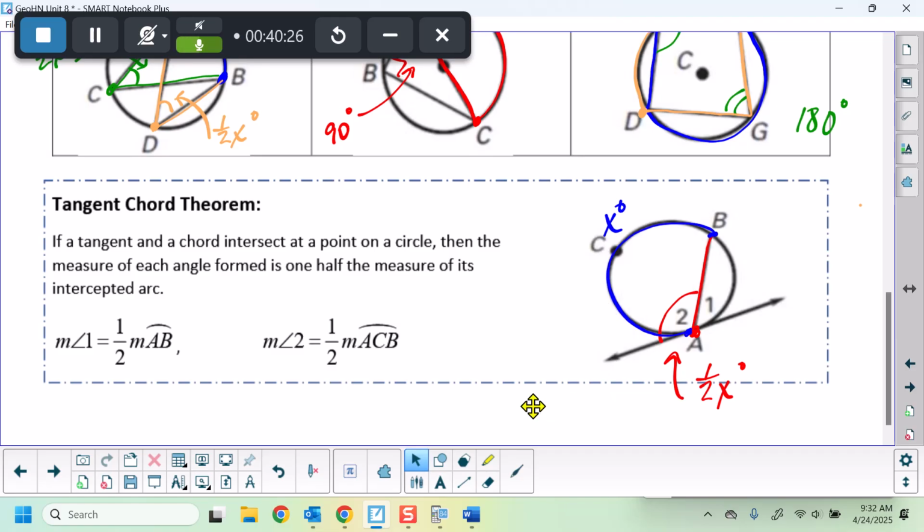So you can think about them as inscribed angles where we just opened up that angle all the way as far as we could. So that blue arc x, that distance around, and that angle number 2, 1/2 of each other.